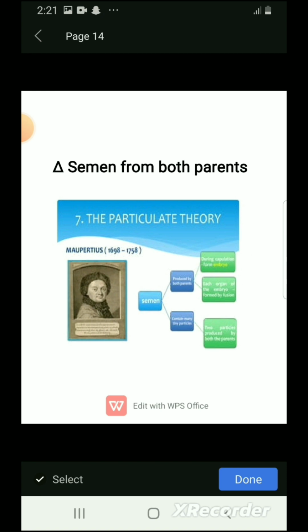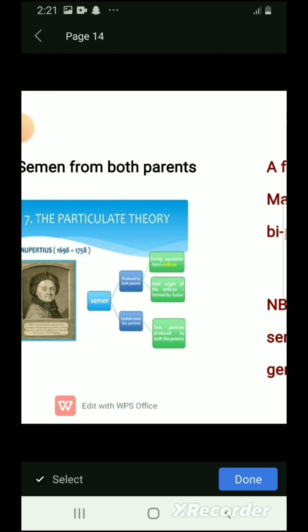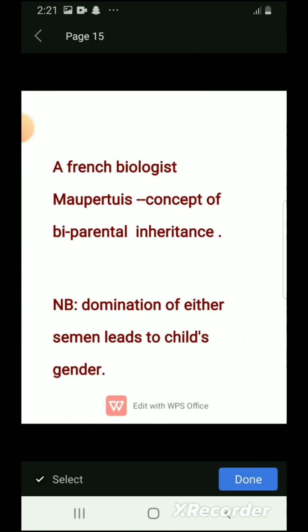Different people contributed to it, and the main man here is Maupertuis, the French biologist. Like what Da Vinci said about equal contribution, this man is saying there's equal contribution by parental inheritance, like the embryo has equal inheritance from the mother and the father. You see that there is evolution in this.